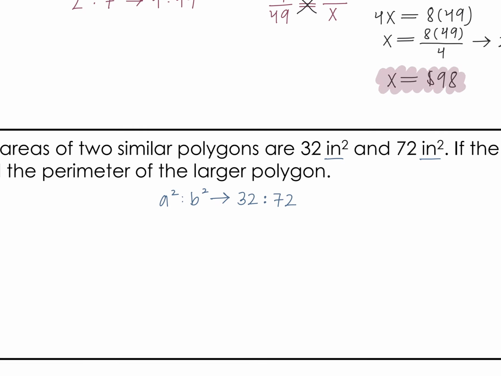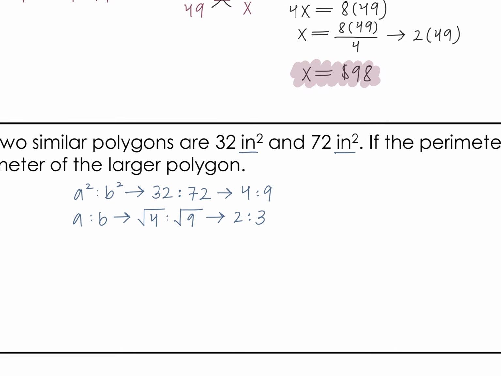So here I'm going to reduce, and when I reduce, I'm going to get 4 to 9. In order to find my A and my B, I'm going to square root each one of them, to get that A and B are 2 to 3.